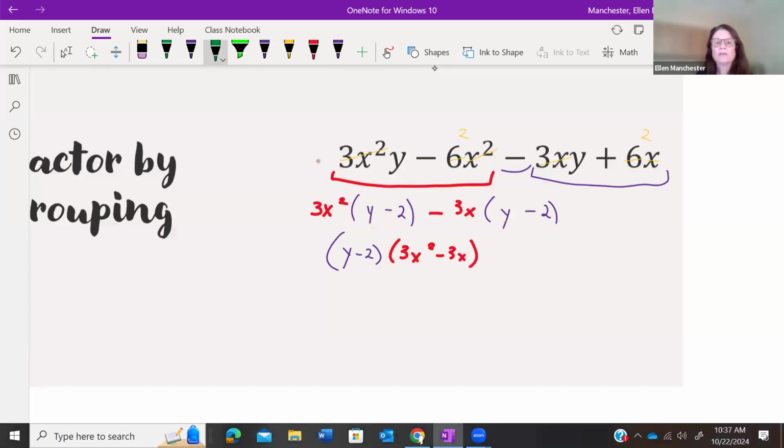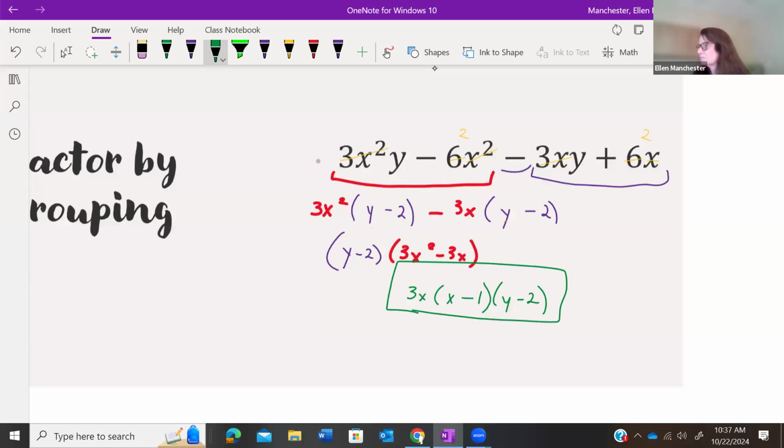So if I factor a 3x out of here, I end up with x minus 1. So the final answer is 3x times x minus 1 times y minus 2. This is the correct answer.